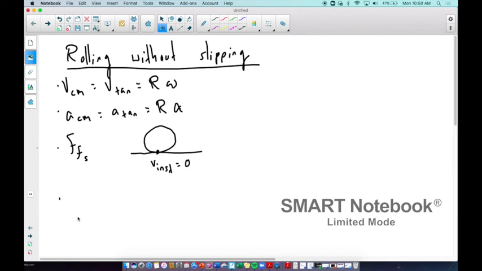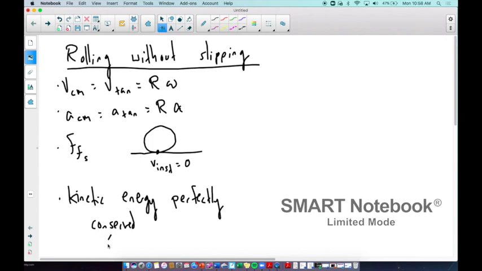Here's another thing that I did not mention, and that is that in this case, kinetic energy is perfectly conserved. In other words, I'm going to say this: friction does no work to dissipate energy away.